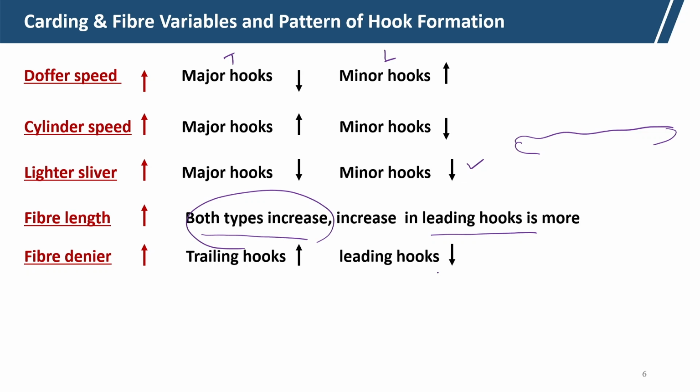So, these are the different parameters or factors on which the hook depends. And fiber friction: if the fiber friction increases, both hooks reduce, because there will be better control over the fiber, and there will be chances of the fiber getting straightened.